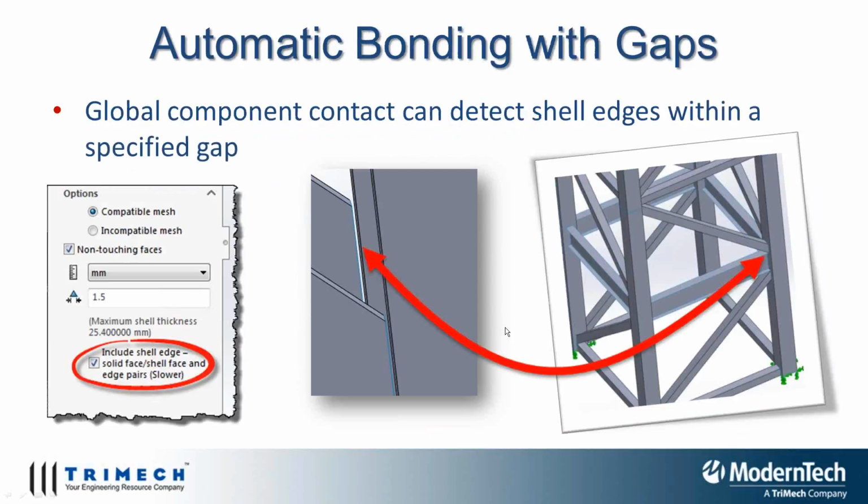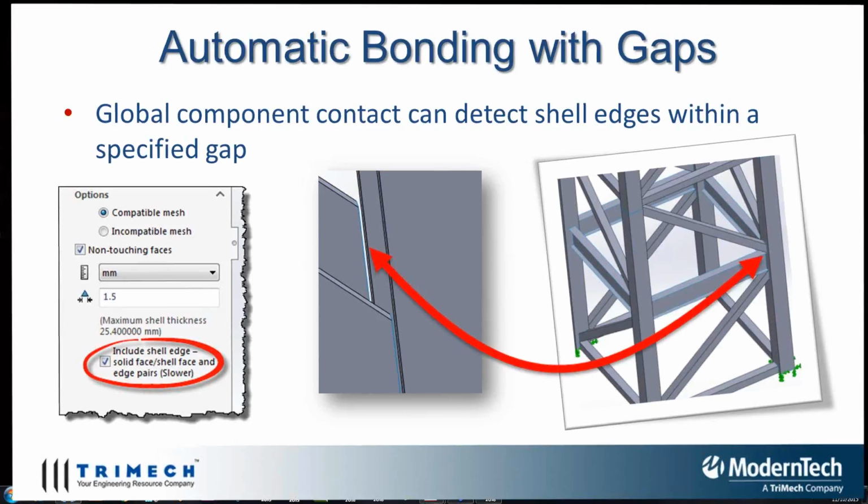Next up is the capability of the software to automatically bond the shell edges which have predefined gaps in them. The best examples that I can think of is when you have structural elements or weldments or sheet metal components in a particular assembly.